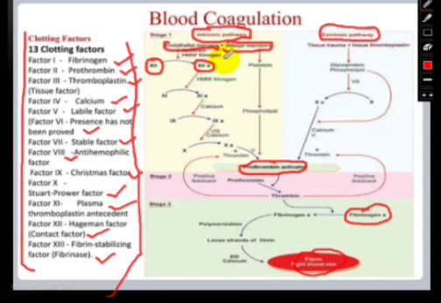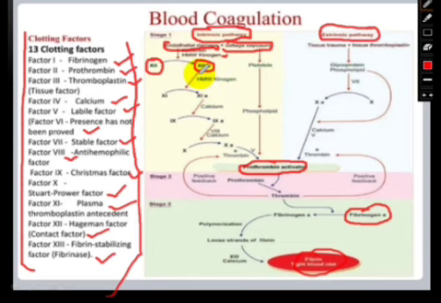And that reaction is mediated or catalyzed by kinogen. Alright? The conversion of the inactive factor 12 to active factor 12 is mediated or catalyzed by kinogens.